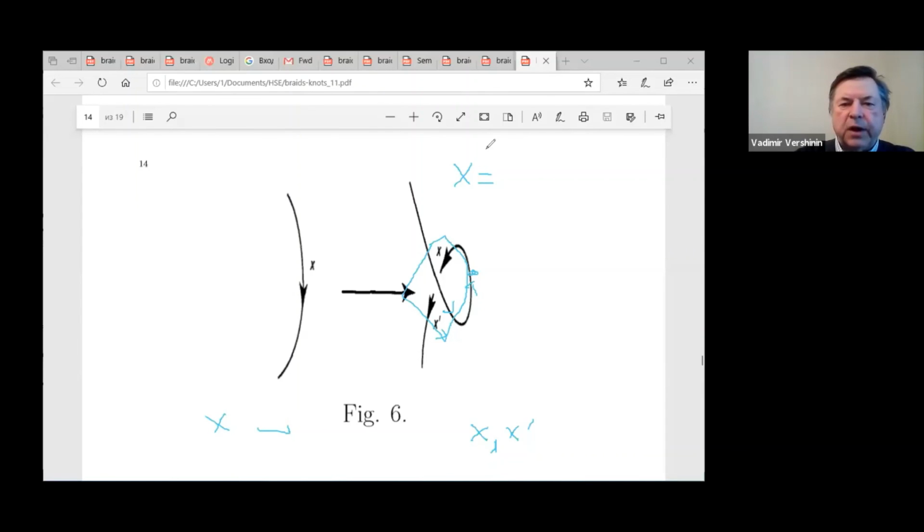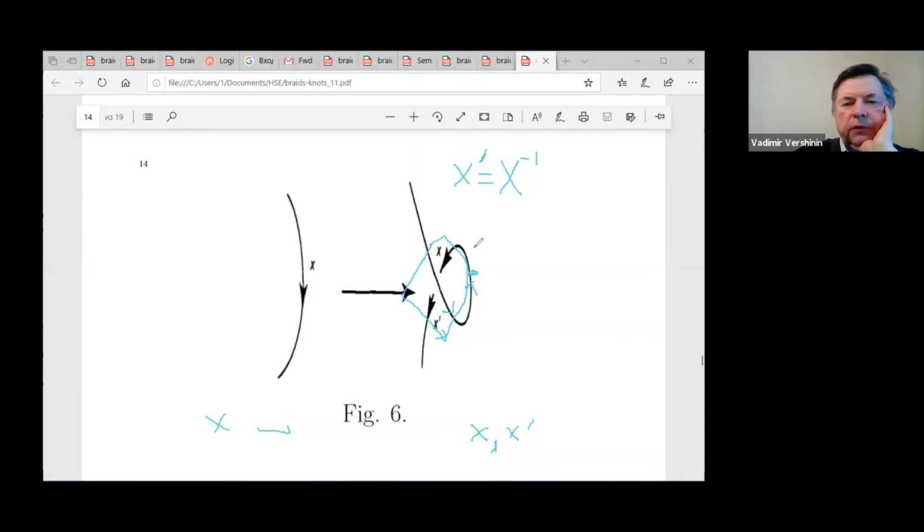This is X prime, X prime going from this one. But the type of crossing means that we shall start with the negative factor, and this is X, so it should be X minus 1, right?